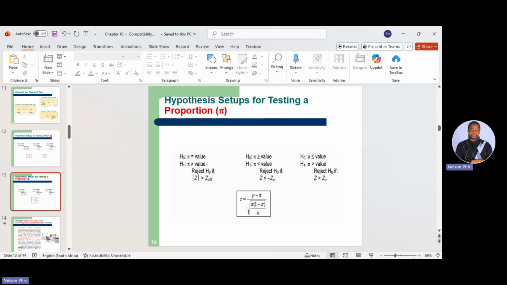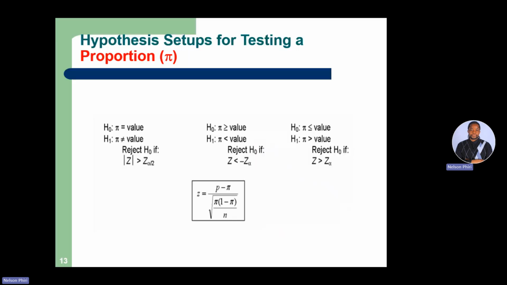Then this is the formula for a proportion, if you're testing for a proportion. It is the same information: not equal to, two-tailed, Z alpha divided by 2. If it's equal to or greater than, it's the right tail. If it's equal to or less than, it is the left tail.